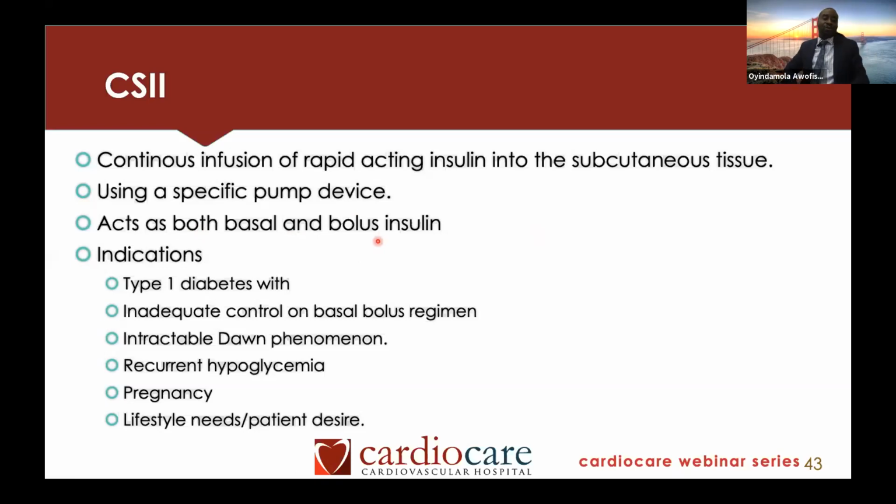I'm sure we'll probably wonder how rapid-acting insulin can act as both basal and bolus insulin. But the answer is very simple. Don't forget that when we say an insulin is basal and another one is prandial or mealtime insulin, it is actually the rate at which they dissipate from the subcutaneous tissue that makes them act like that.